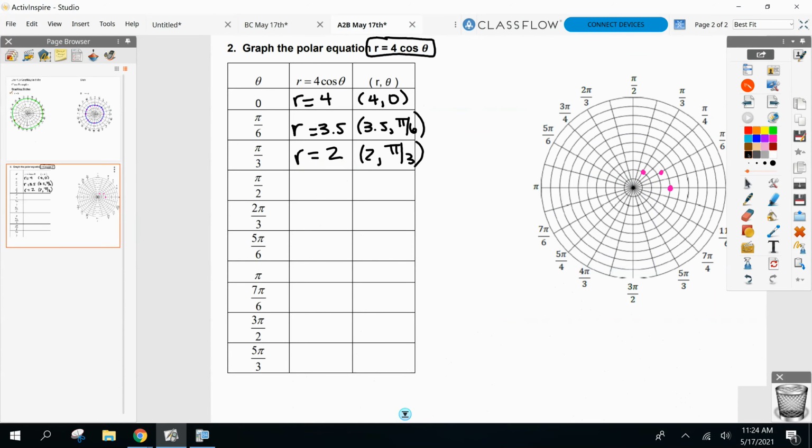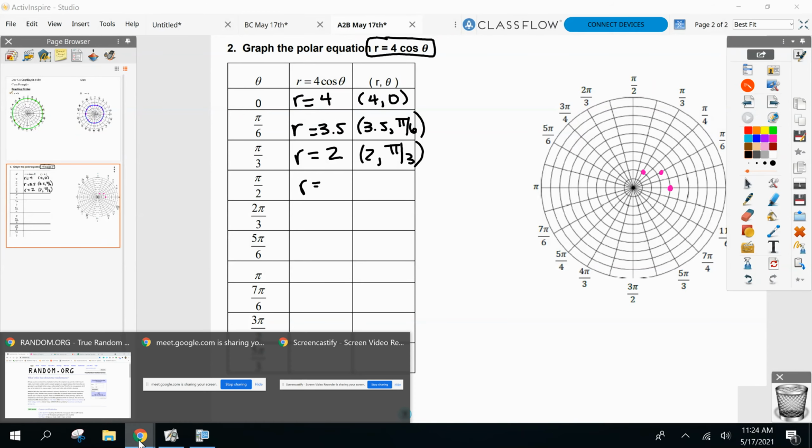Next up, pi over 2. We'll have to talk about this one when somebody finds the r value. Pi over 2, what do you get for your r value?